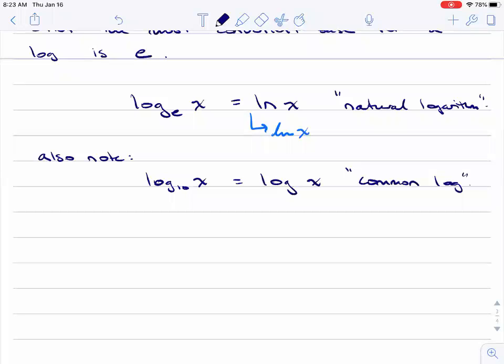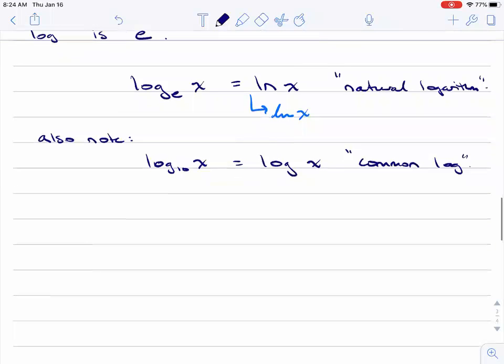Any other base, we have to specify, of course. We're not going to work a whole ton in log base 10, but I think it's used for things like sound frequencies. Pretty much every other field works in log base e.